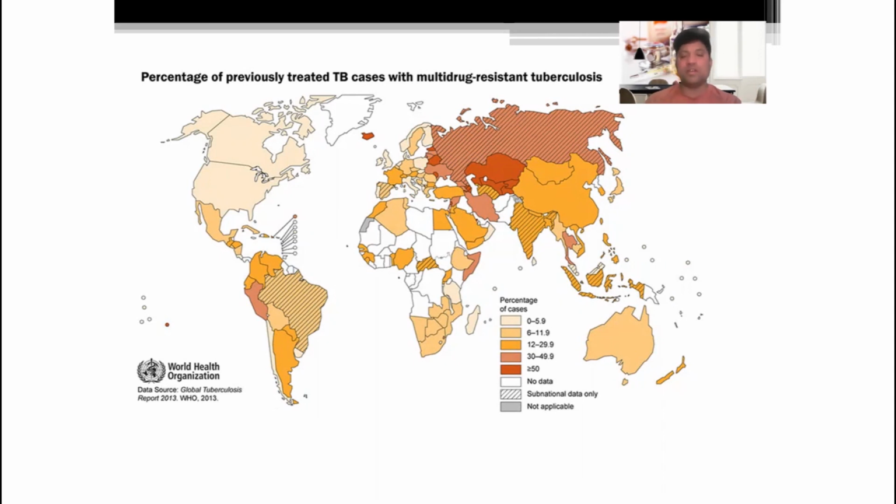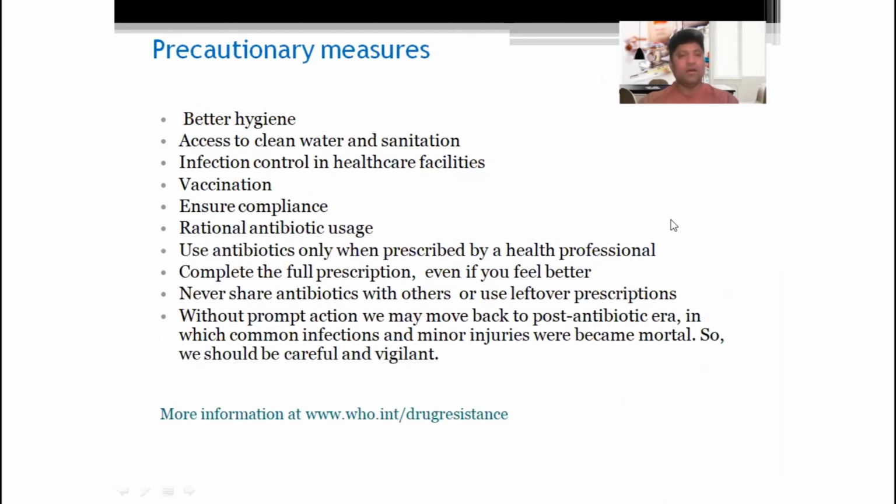Similarly, the darker area indicates a higher number of patients with multi-drug resistant tuberculosis, and the lighter area indicates a lower number of patients with relapsed multi-drug resistant tuberculosis.